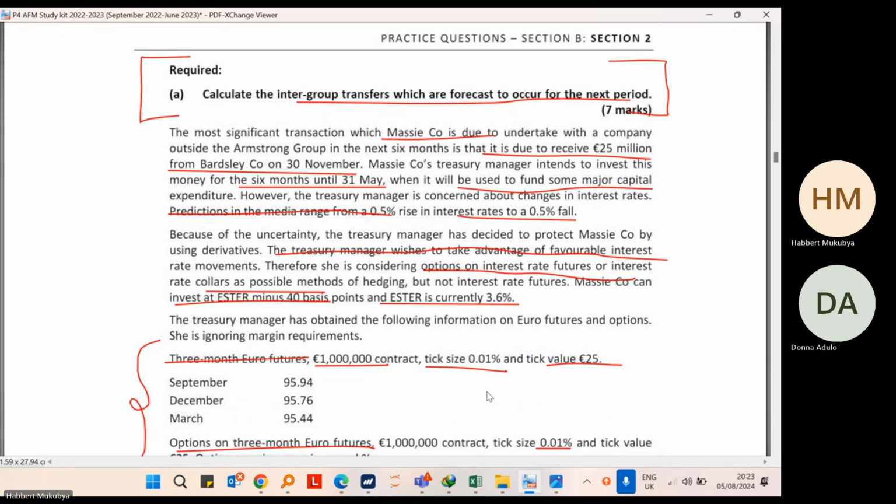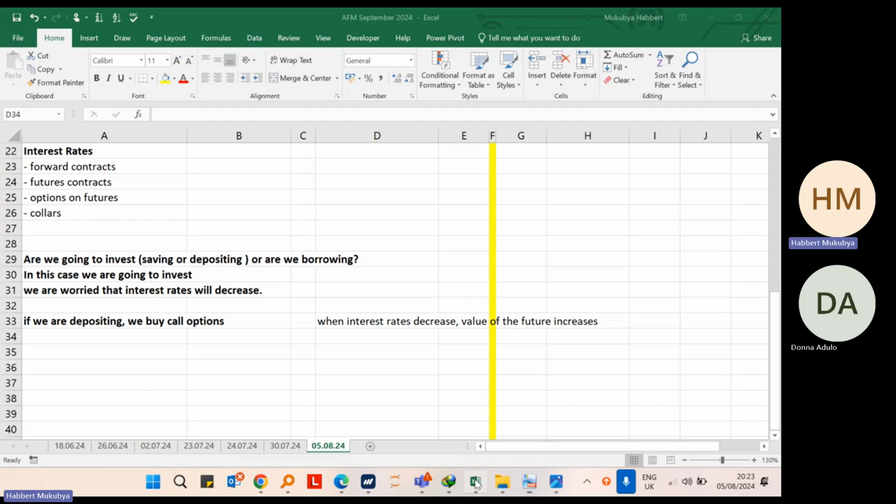Yes. But that one is going to work when you are looking at FX, because here we are either investing or borrowing. So if we are going to deposit or invest, we buy call options, and if we are going to borrow, then we buy put options.